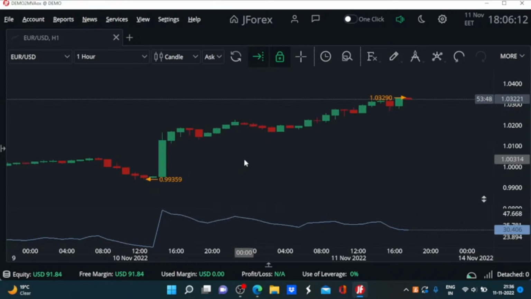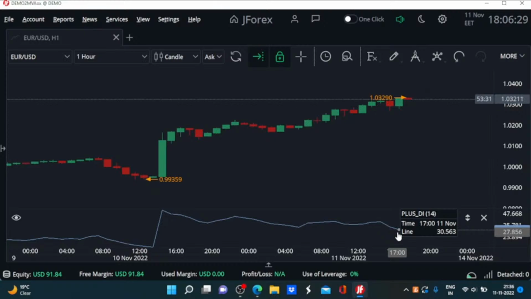So if we have recent periods of rise in the price action, if we have continuous formation of higher highs, then we will be getting higher values for this plus directional indicator.